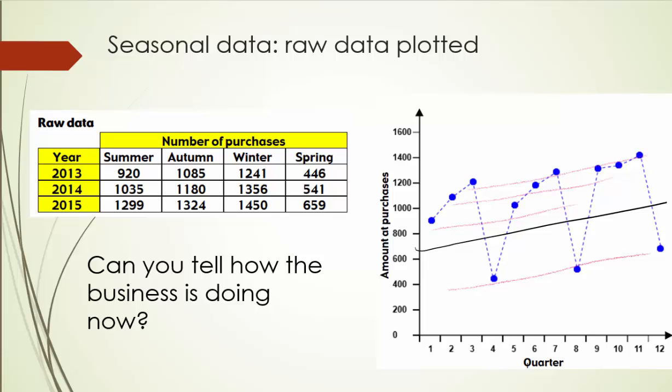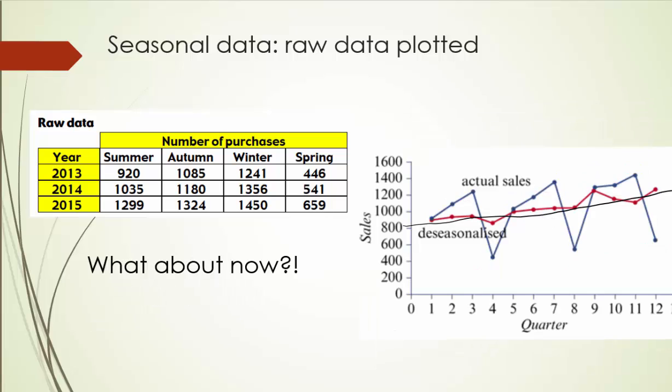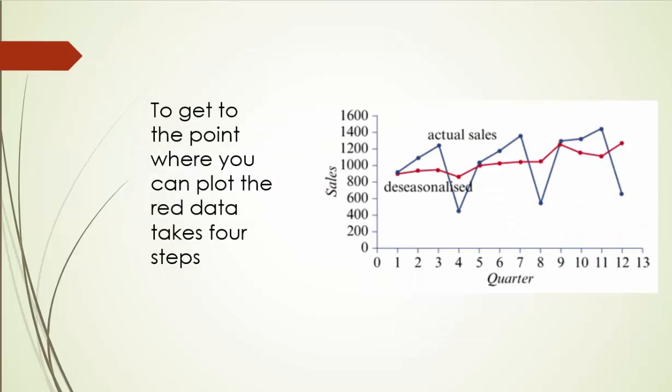What we're going to be doing is finding out how to get a good set of numbers to produce a regression line, which, by the way, is those red dots there and the line. That's what we're going to be able to work out, how to get those red numbers, and then we can produce a trend line from the red numbers. It's going to take 4 steps to produce the red line. That's what I'm going to go through now.